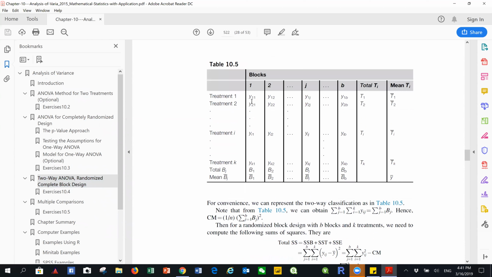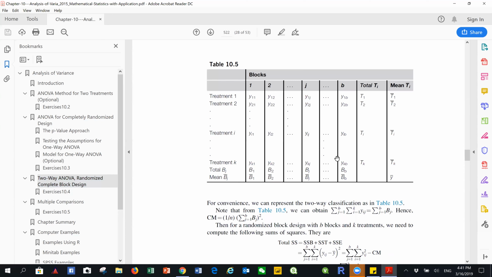If these are different makes of car, this may be Toyota Corolla, for example, and it's given a different type of gasoline, so you can test. And 2 is Honda Civic, and so forth.